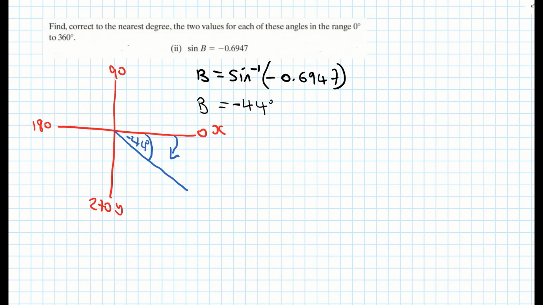Now I want to find the equivalent angles to that. And once again, we're going to use our C.A.S.T. So cos is positive, all is positive, sine is positive, tan is positive. Now this question is focusing in on sine, and we're looking at sine of a negative answer. So minus 0.6947. So where is sine negative?